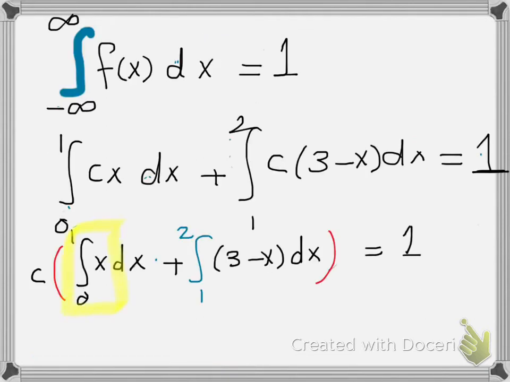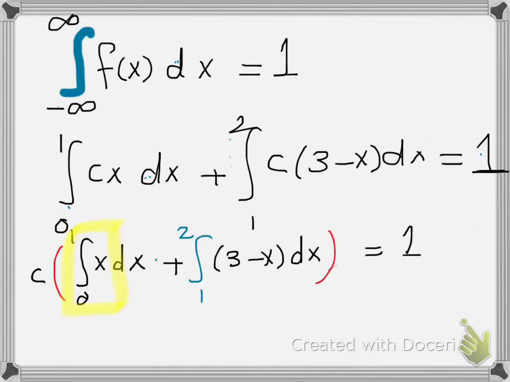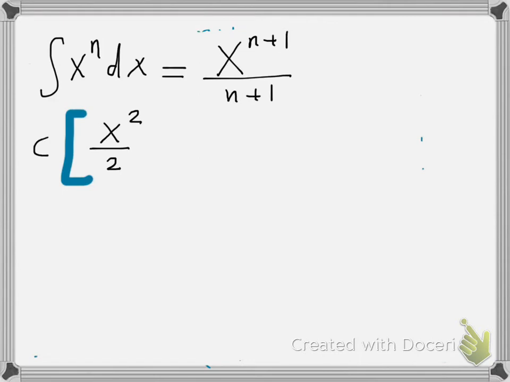So what is the integration of x? Integration of x is x squared divided by 2. Why x squared? Because here your x has a power of 1. If you do the integration, you have to add 1 again, so it becomes power 2 divided by 2, and then you write that your x lies between 0 up to 1.